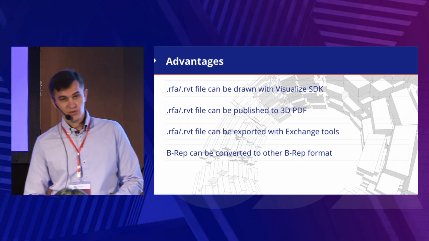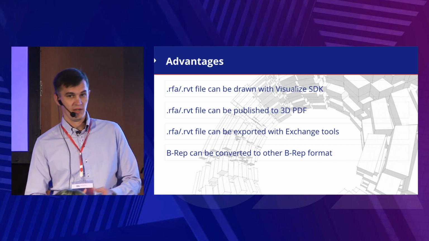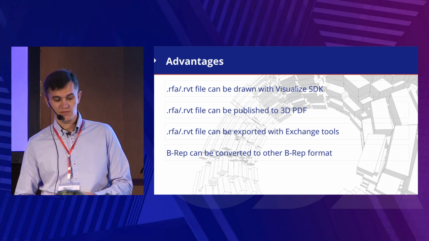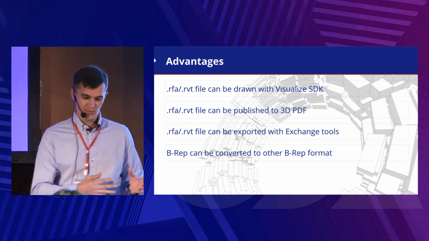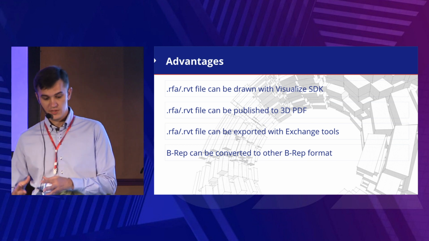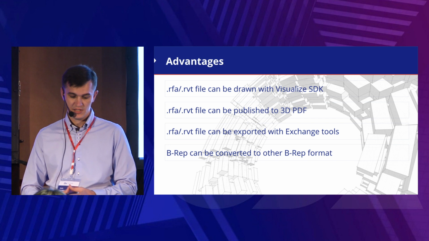The benefit of using BIM SDK is that you can read RFA or RVT files, and after this you can visualize them with our Visualize SDK. You can also draw them in a browser with Cloud Product, which is a part of Visualize SDK.